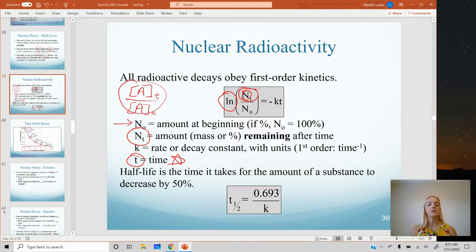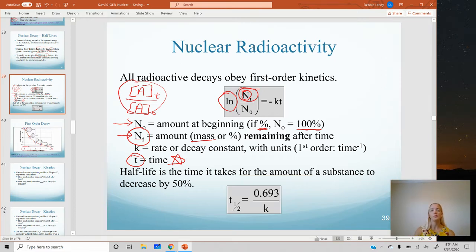So again, that sub-zero tells us how much we have at the beginning of whenever we started measuring. If we're working with percentages, which is very common in nuclear, remember that it's implied that our initial would be 100. The N sub T is the final amount. It's how much is remaining after a given amount of time. And this can be measured in mass, and that can be grams, milligrams, picograms.